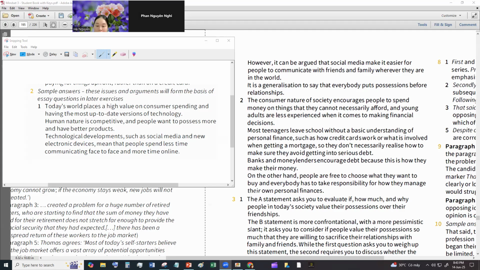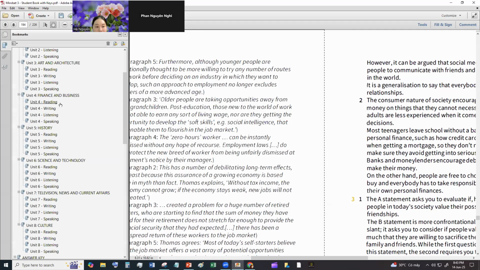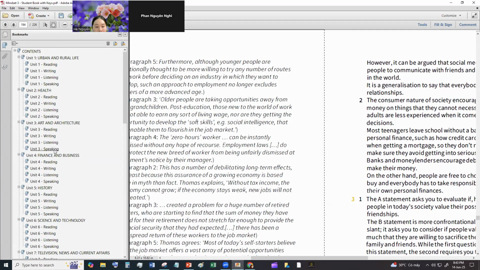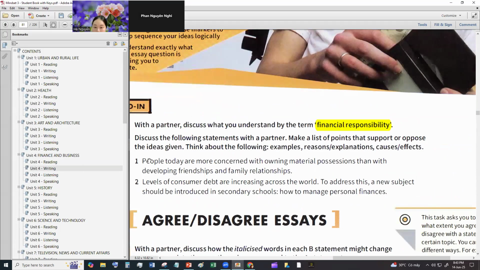Statement number one is, okay, here it is again. People today are more concerned with owning material possessions than with developing friendships and family relationships. So the main idea is owning material possessions is more important than developing meaningful relationships.